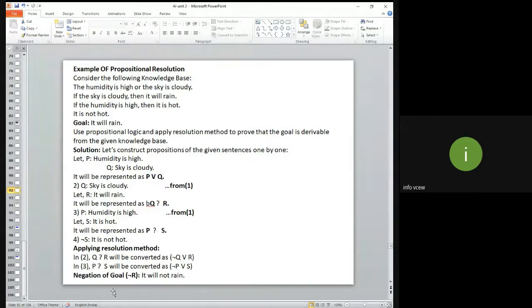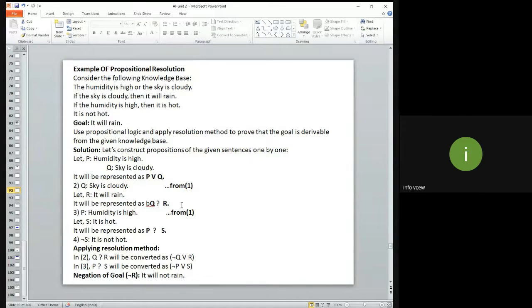Okay, applying the resolution. S is hot. It is not hot means negation of S. What is the second formula we have taken?